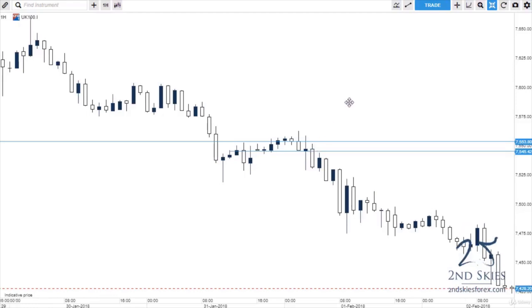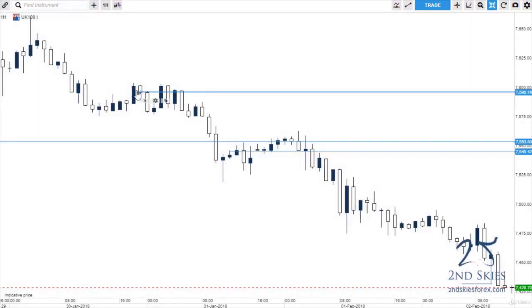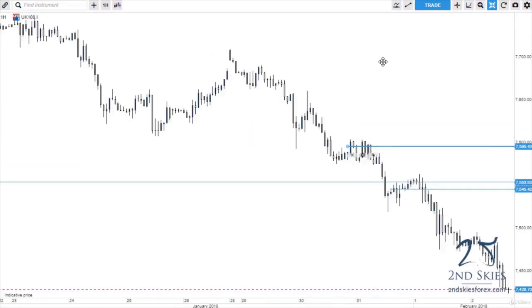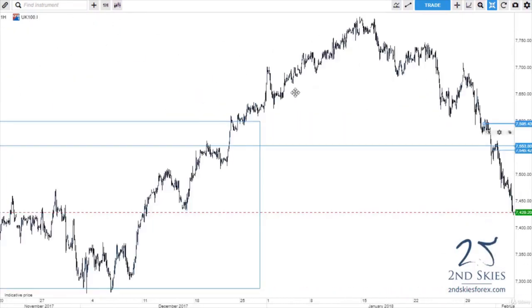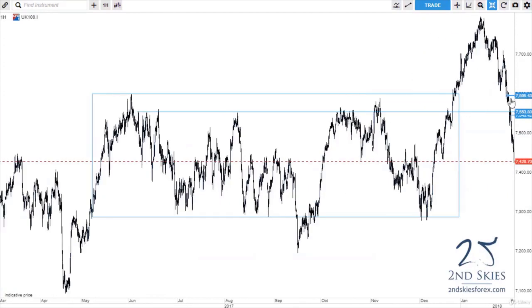In terms of my stop loss placement, that was at 75.95, and that's roughly right about here. I always place my stop loss in a location where the market should not go if my trade idea is valid. If it goes there, then it has invalidated my trade idea. If you extend this out, you can see I placed it pretty much at the top of this zone.